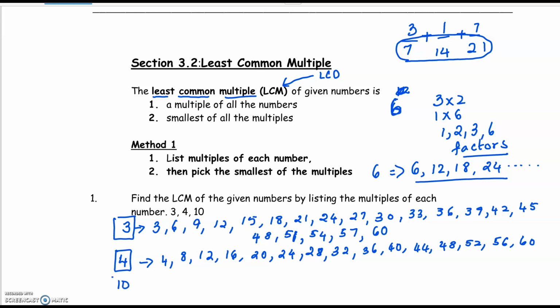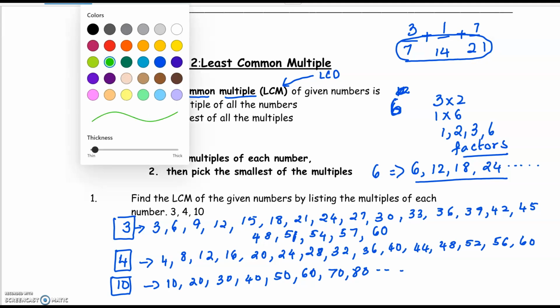Now how about 10? 10, 20, 30, 40, 50, 60, 70, 80, and then we can keep going on and on.